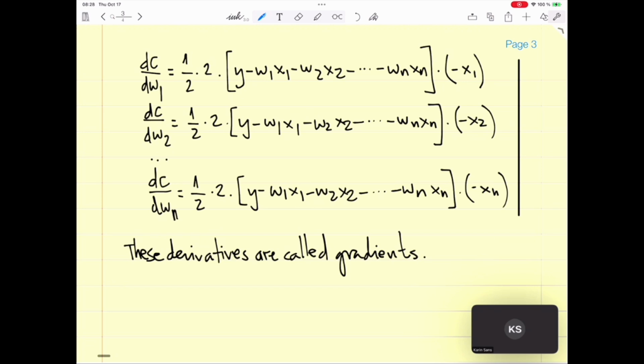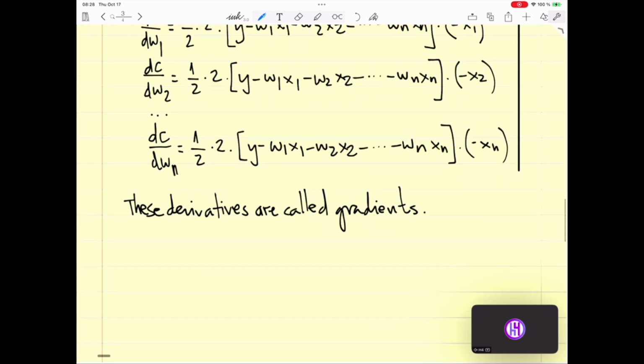Yes, yes, we will do examples. We first need to explain the theory. First the theory and then we do examples. So, these derivatives are called gradients. Any questions on this step number 3?